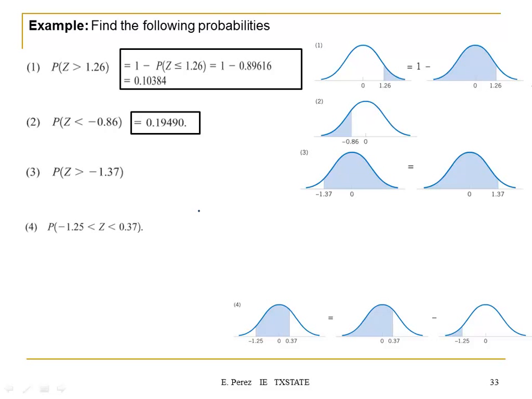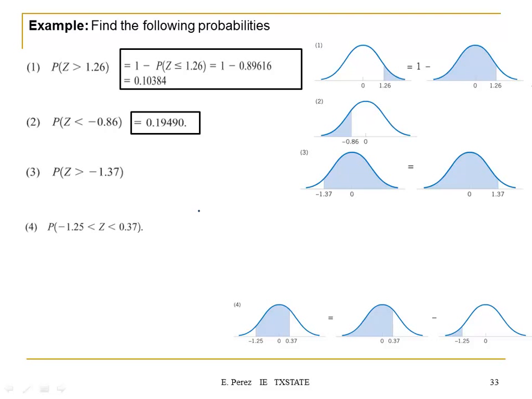So essentially, what I want to show you in this problem is that this probability to the right of negative 1.37 is the same probability of positive 1.37 to the left, because the graph is symmetric.